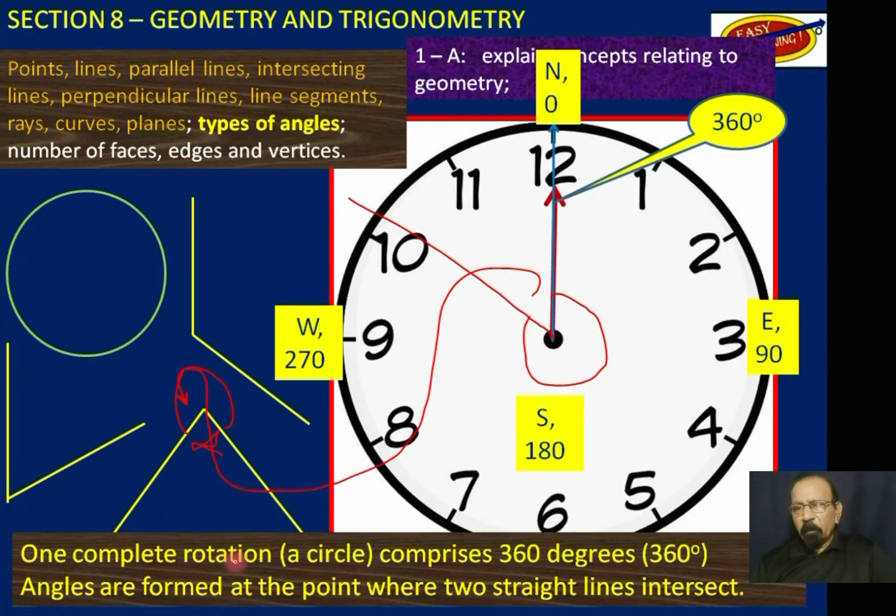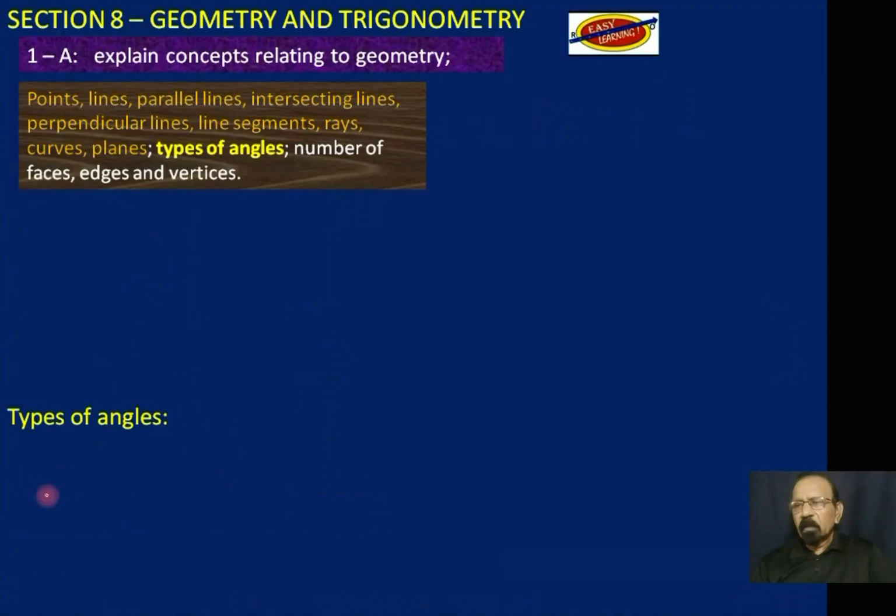Now, one complete rotation, which is a circle, comprises 360 degrees, written as 360 with a superscript O. Angles are formed at the point where two straight lines intersect. Now, types of angles, we have acute angle. These are between 0 and 90 degrees.